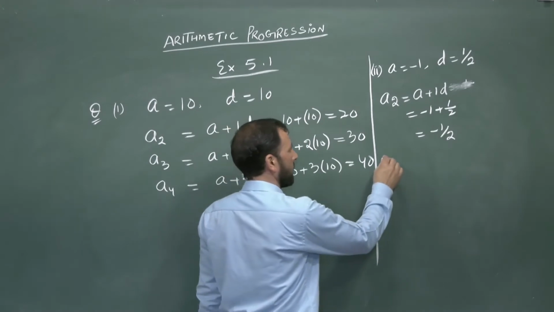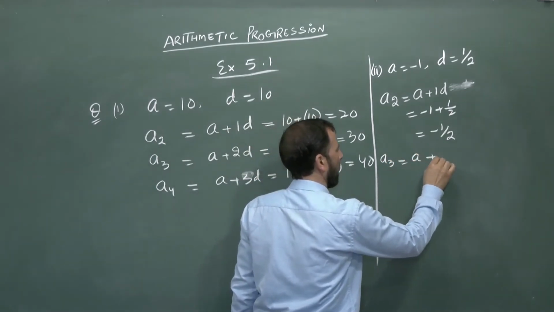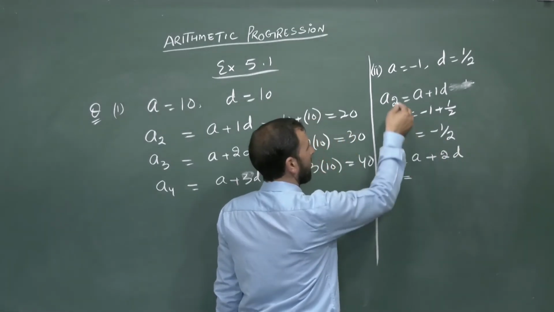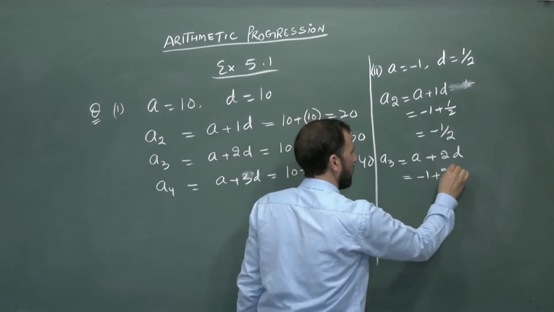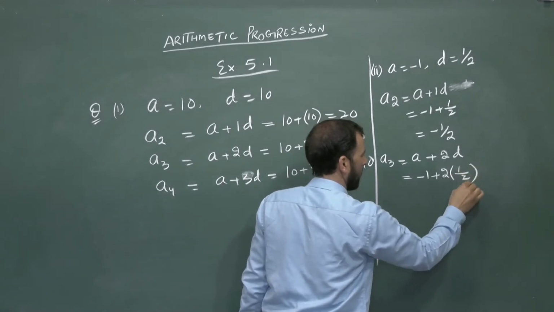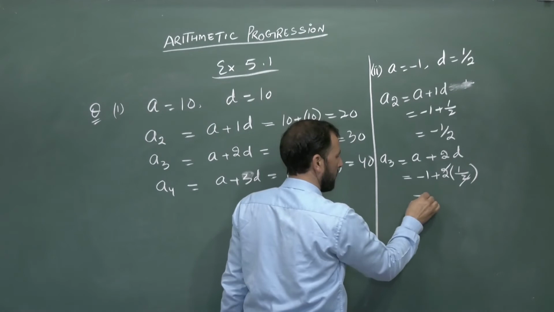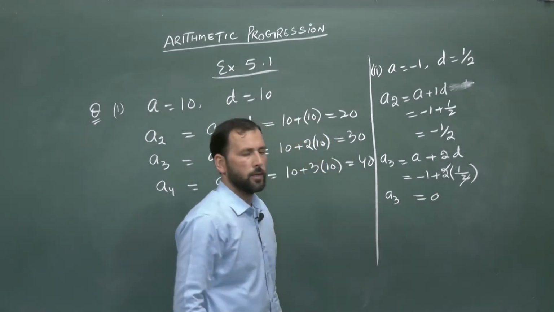Now the third term a3 can be written as a plus 2d. So a is minus 1 plus 2 into d, where d is equal to 1 by 2. Here we can cancel 2 and 2, we get plus 1, and minus 1 plus 1 is equivalent to 0. So the third term is 0.